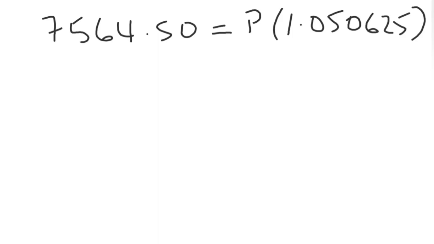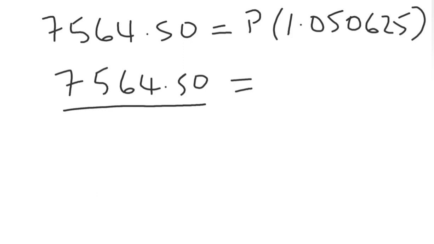All right. So in order to get the value of P, we need to get P alone on one side. So the next step, what we're going to do, we're going to divide both sides by 1.050625. So it's going to be 7,564.50. And we're going to divide this side by 1.050625. And this side here is going to be divided by that same amount.